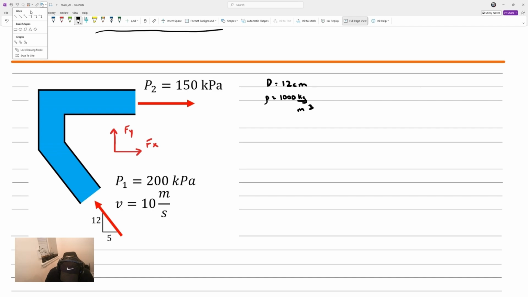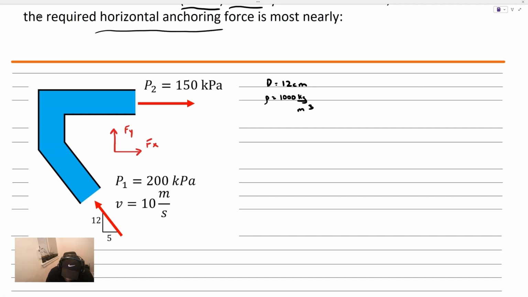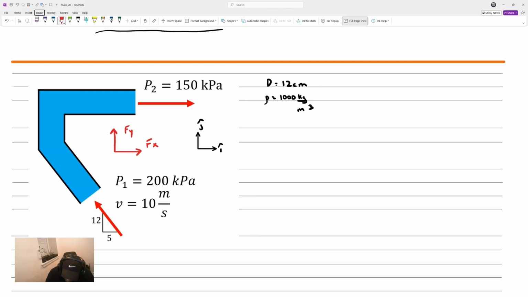Anytime I draw forces, I draw a free body diagram, I always have a set of unit vectors that govern my positive direction. And that's one of the key things with problems like these. You want to keep your signs straight. So that's a good thing to do. So we have those anchoring forces, and what we're really looking for is just this horizontal anchoring force.